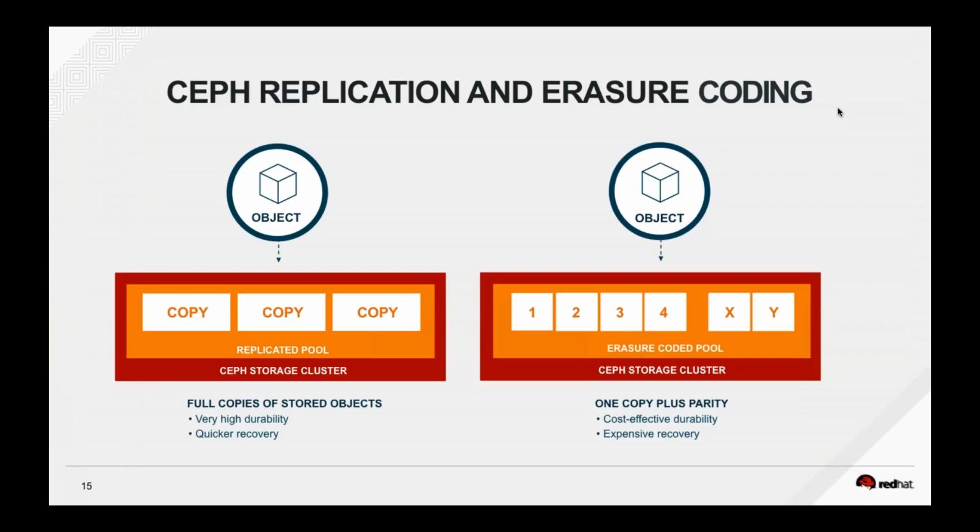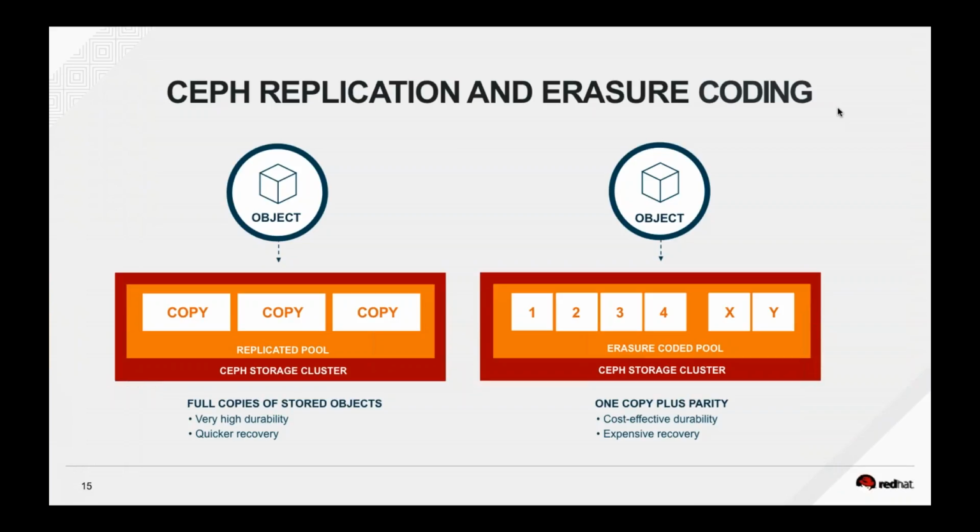It is expensive recovery, though, compared to the replicated pool we saw on the left side, but a huge saving in terms of cost from the TCO perspective. This is something a lot of customers have started adopting, especially for cold archival and few retrieval scenarios.